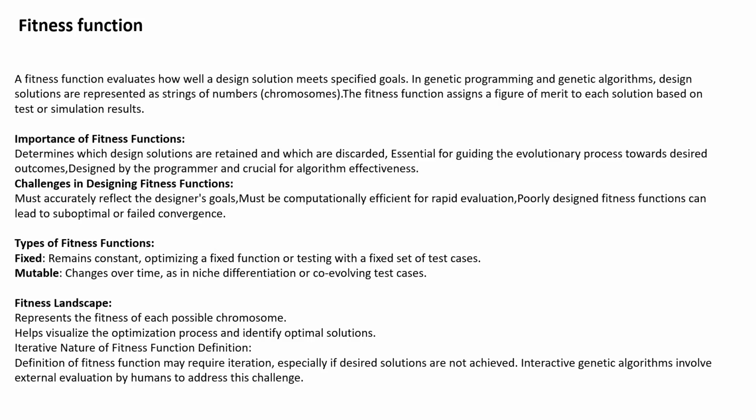Now, there can be different types of fitness functions, like I said. So there can be fixed, which will assign a score with the same formula across all the generations. So you have a fixed function for calculating the error or calculating the fitness.